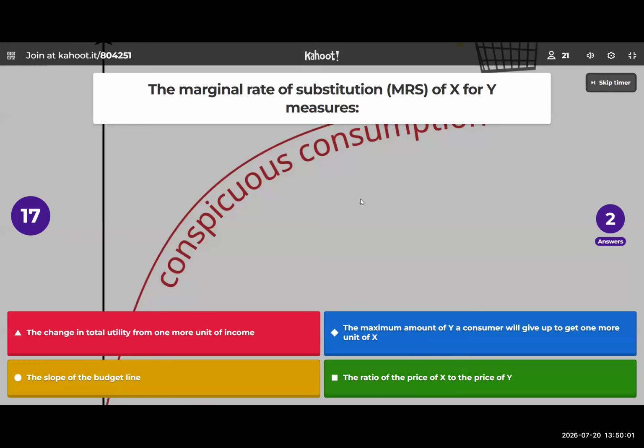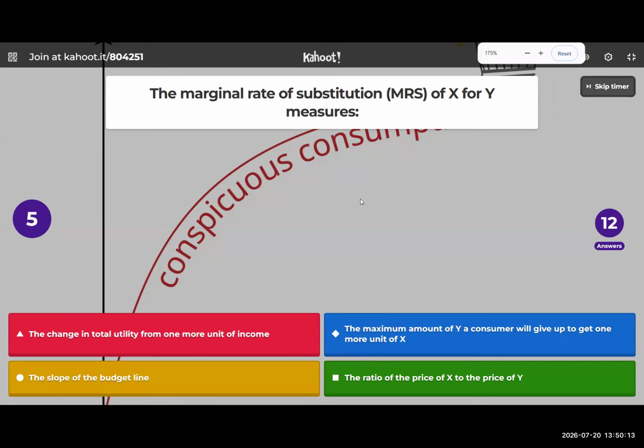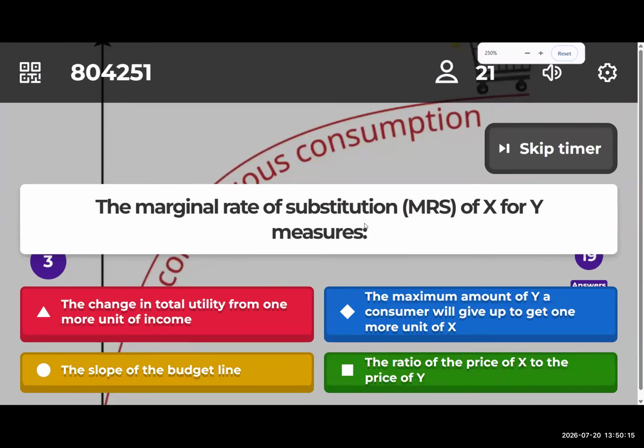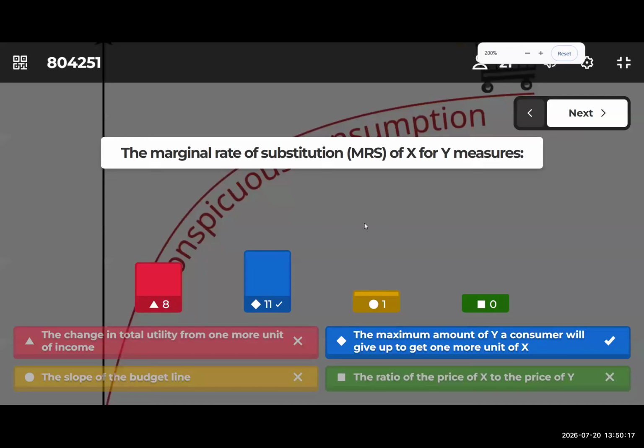What is the marginal rate of substitution? Right, the maximum amount of Y a consumer will give up to get one more unit of X, right?